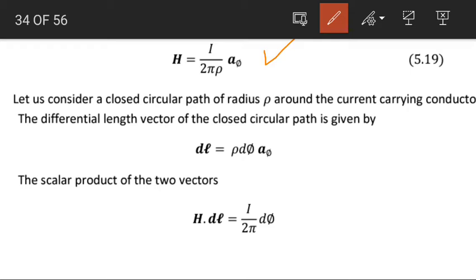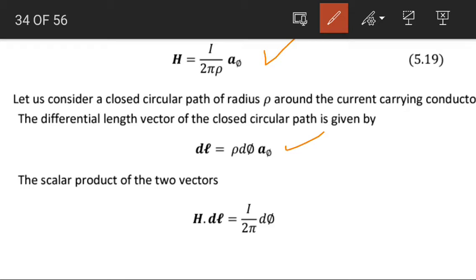Then we consider the differential length vector along the closed circular path, and we know that the differential length vector along the closed circular path is equal to rho d phi a phi.